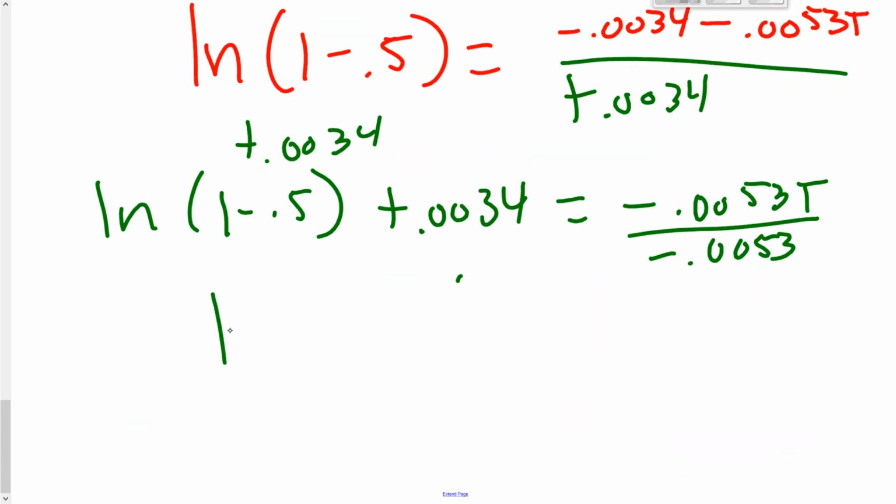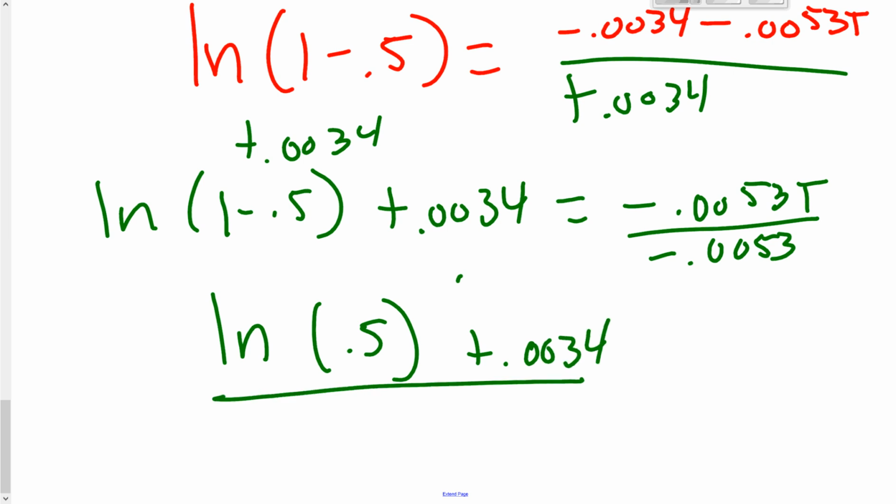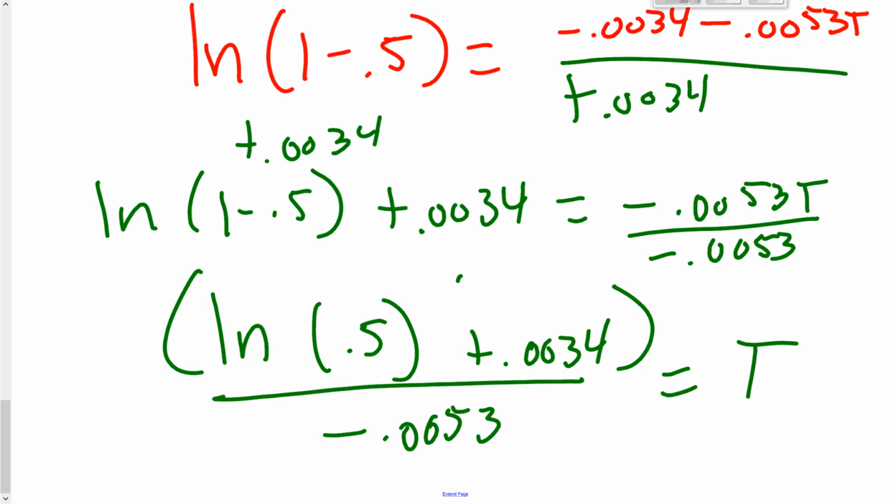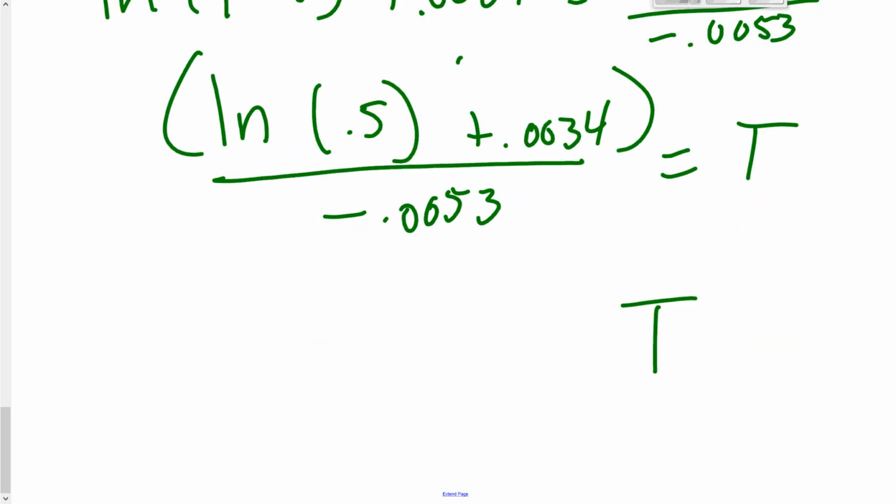0.0053. So we have ln of 0.5, right, because 1 minus 0.5 is just 0.5, so a half, ln of a half, plus 0.0034, and then after we do that, then we're going to divide. So I've got to take the ln of 0.5 first, put that in your calculator, close that off. So basically you can put that in your numerator, in those parentheses, and then you divide by negative 0.0053, and we'll get our t, which is approximately a tax per ton of carbon.